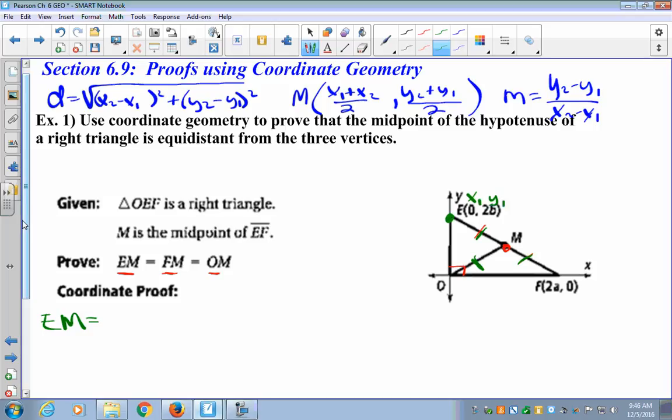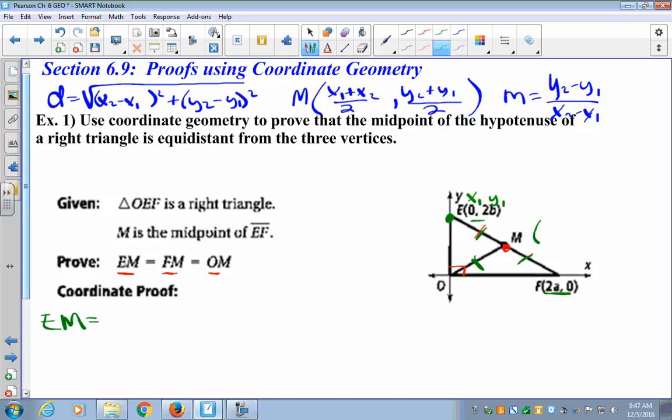Not so easy for M because nobody gave us the coordinates. What do you guys think it's going to be? So if this guy is 0, 2b, and F is 2a, 0, M is halfway between those things.